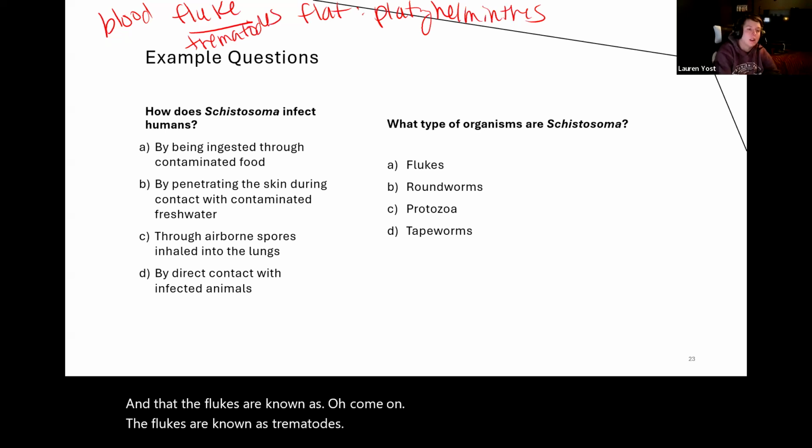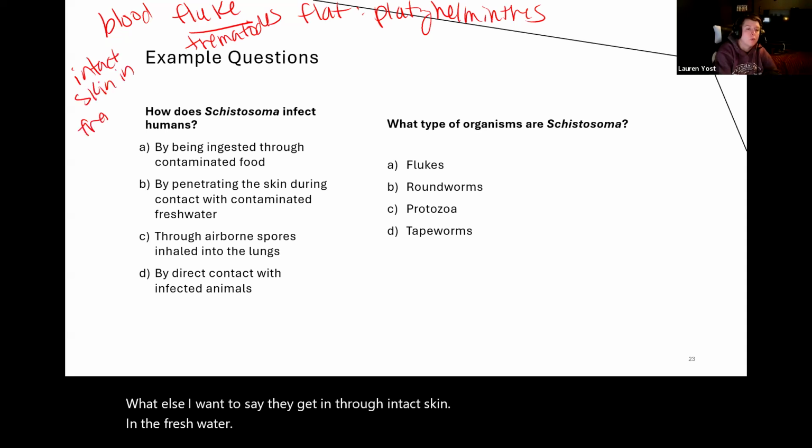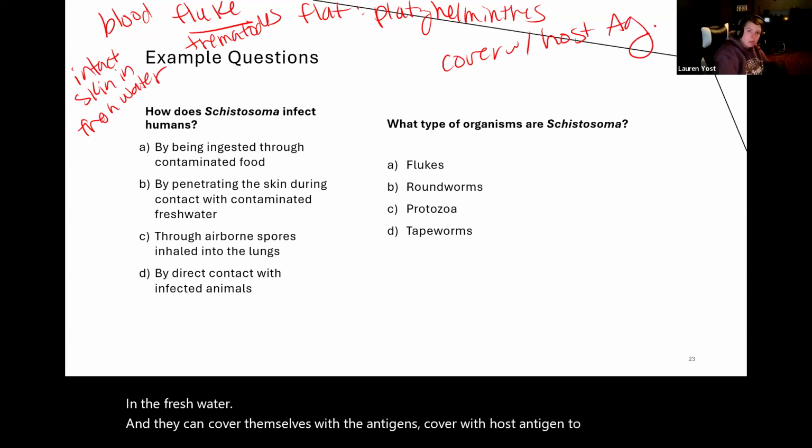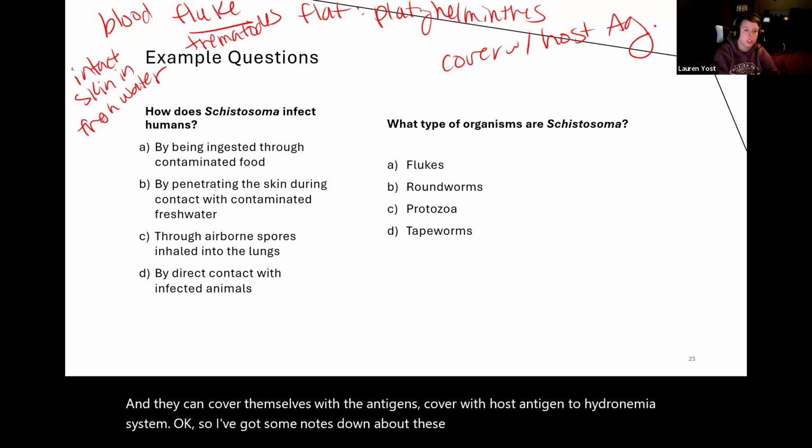What else do I want to say? They get in through intact skin in the fresh water. And they can cover themselves with host antigen to hide from the immune system. Okay, so I've got some notes down about these guys. Let's see if we can answer some questions.